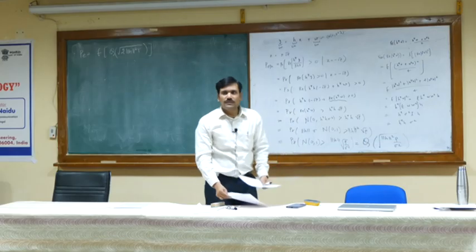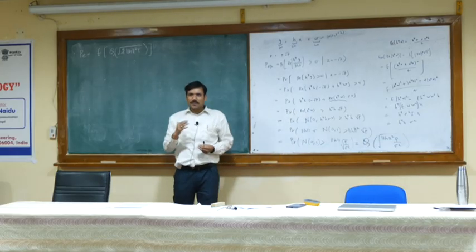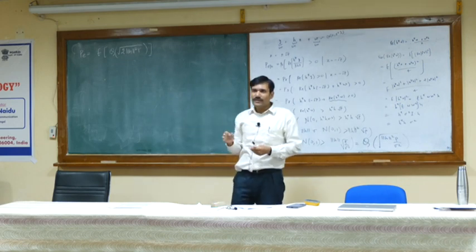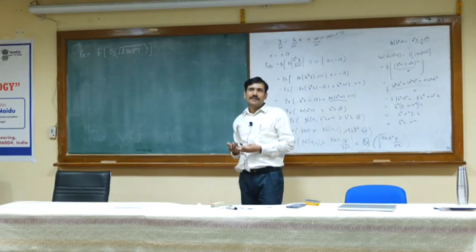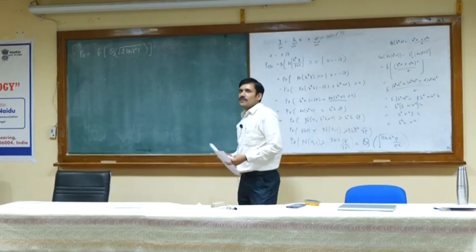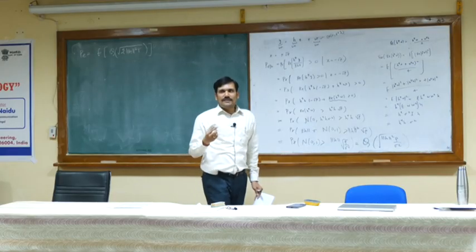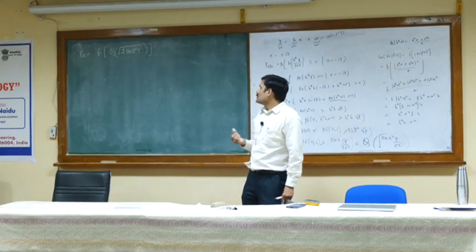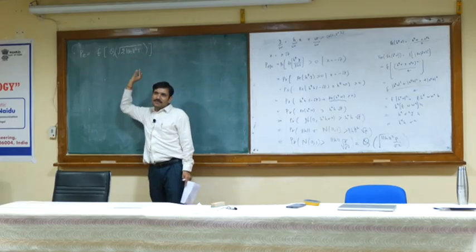One thing we noted earlier is that mod of h square is exponentially distributed. Now if we have multiple random variables, the summation of them has a chi square distribution. The chi square has two parameters: one is the variance and the second is the degree of freedom. The degree of freedom depends on how many parameters are added here.